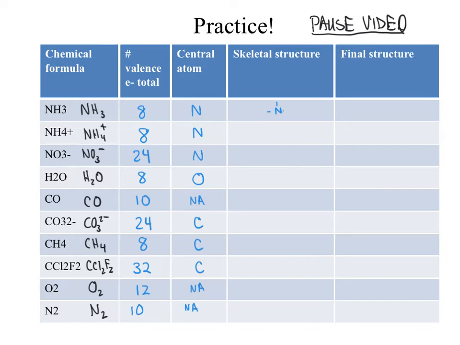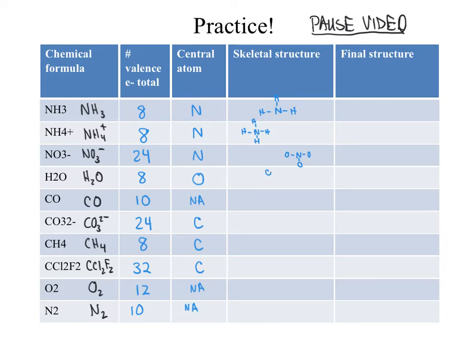So if I'm going to draw my skeletal structure for ammonia, I'm going to put nitrogen in the middle, and I'm going to put my hydrogens with single bonds to my nitrogen. For the NH4 plus, I have 4 hydrogens attached. For NO3 minus, I'm going to attach my oxygens to my central atom.